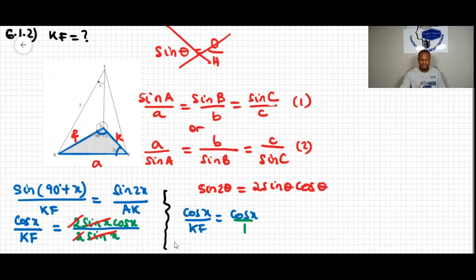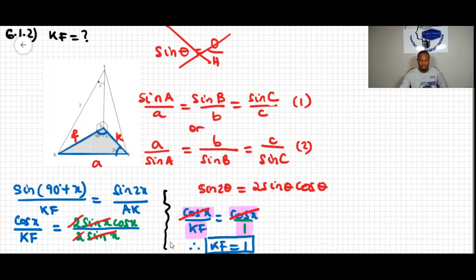From here we can see that on both sides of the equality we have cos x, meaning KF equals 1. Can we do that? Yes, we can. You can cross cos x if you have an equal sign in between terms like this. You can cross this cos and that cos, and then say therefore KF equals 1.